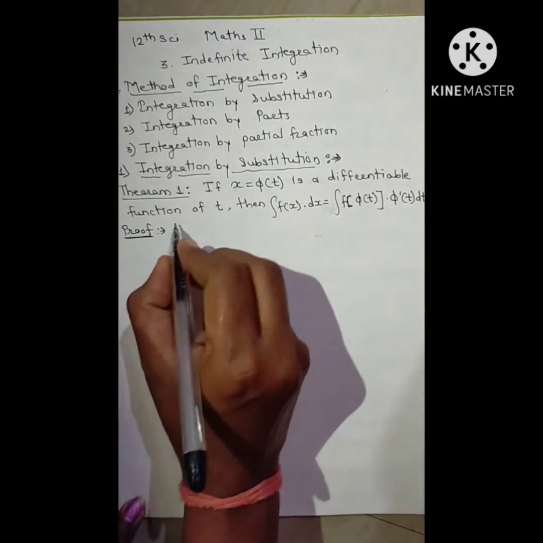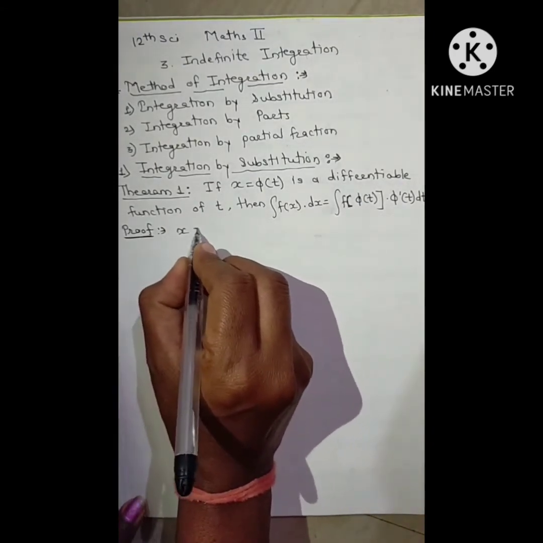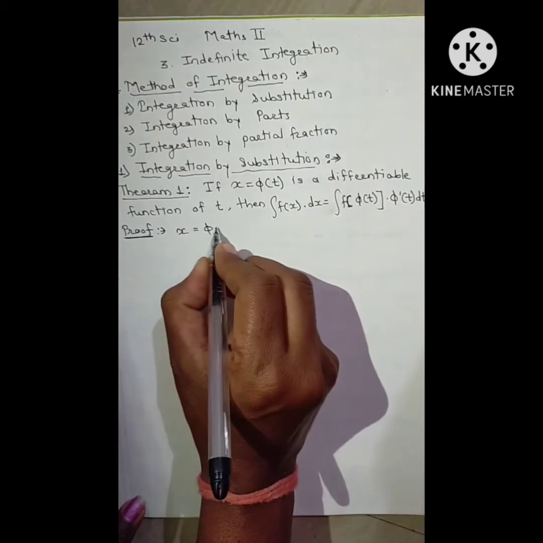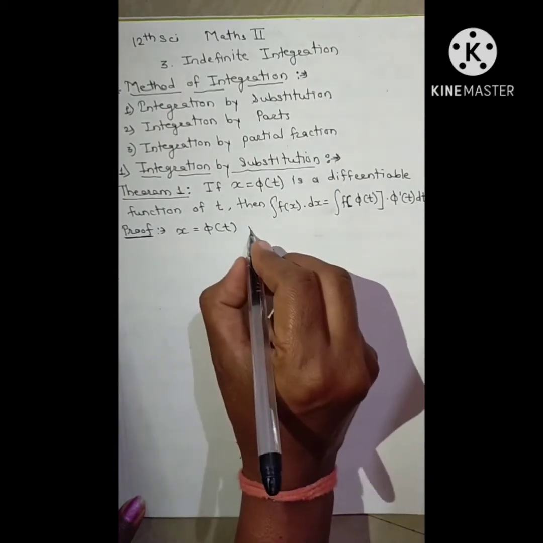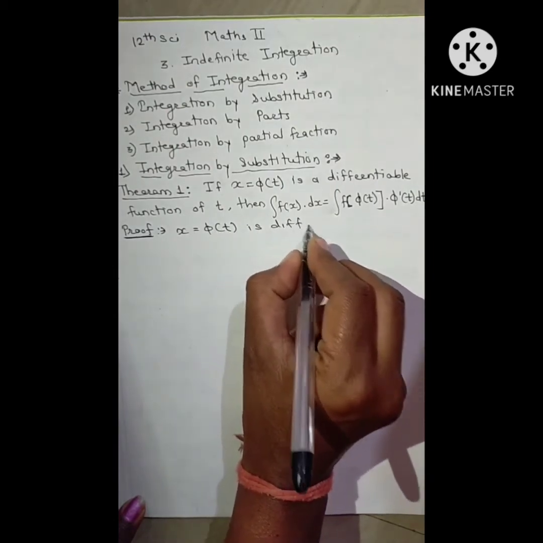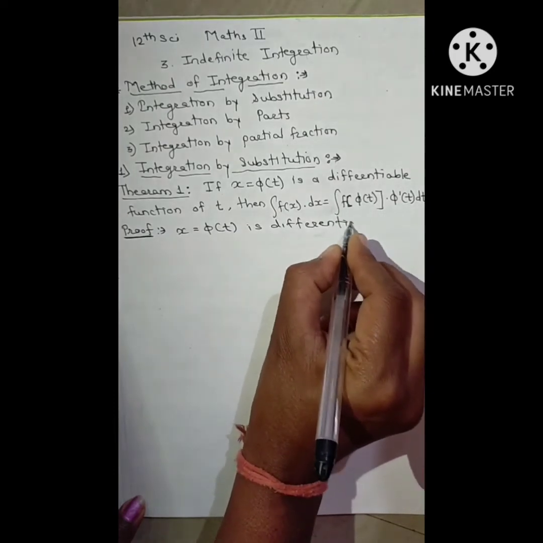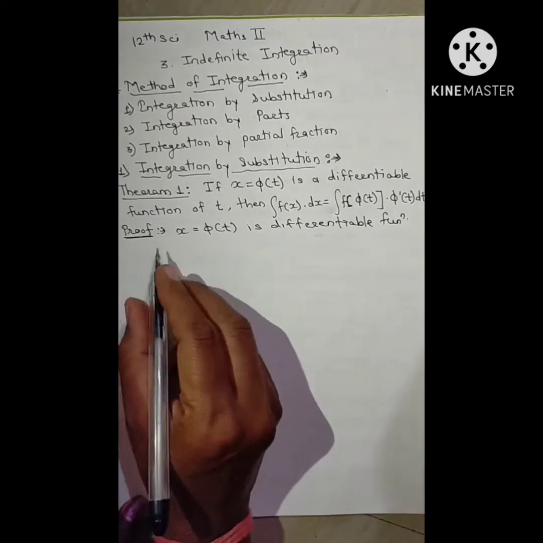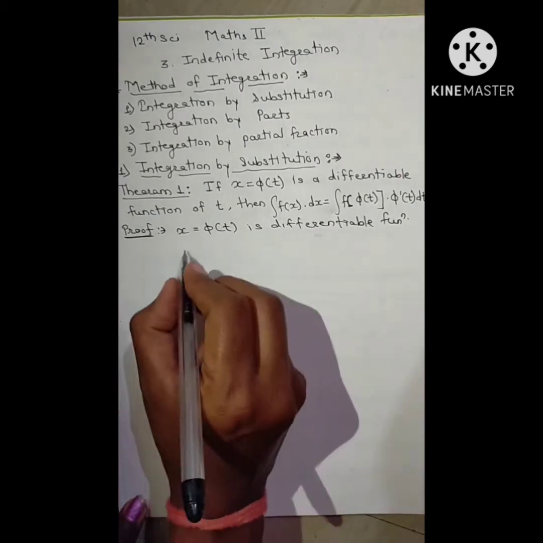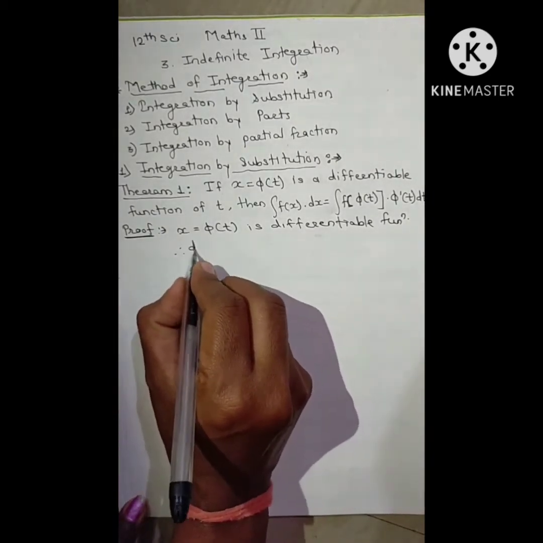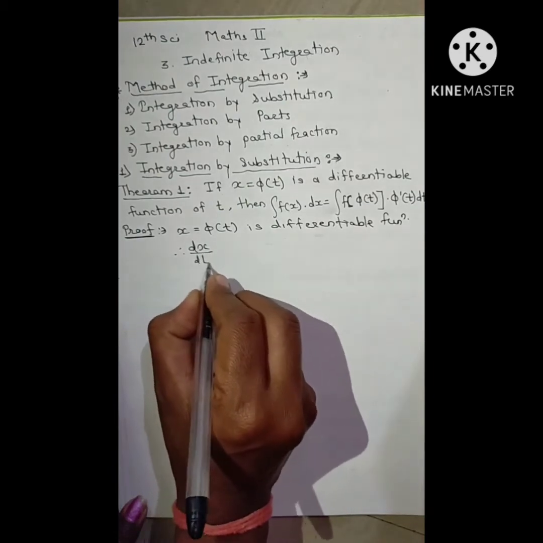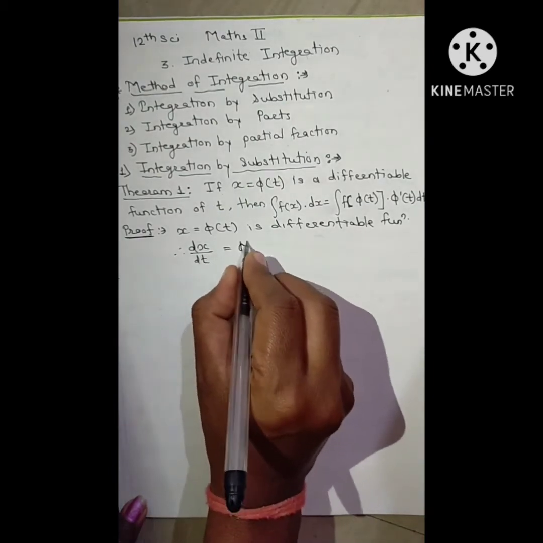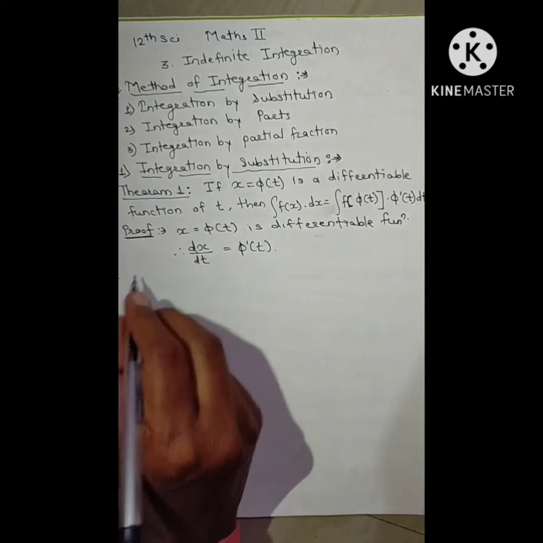Now, we have given x is equal to phi of t is a differentiable function. So we know that differentiation is dx by dt is equal to phi dash t.